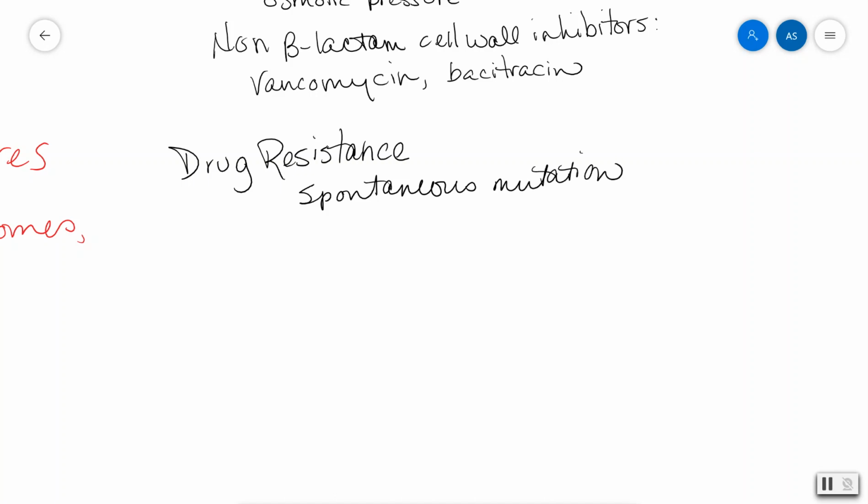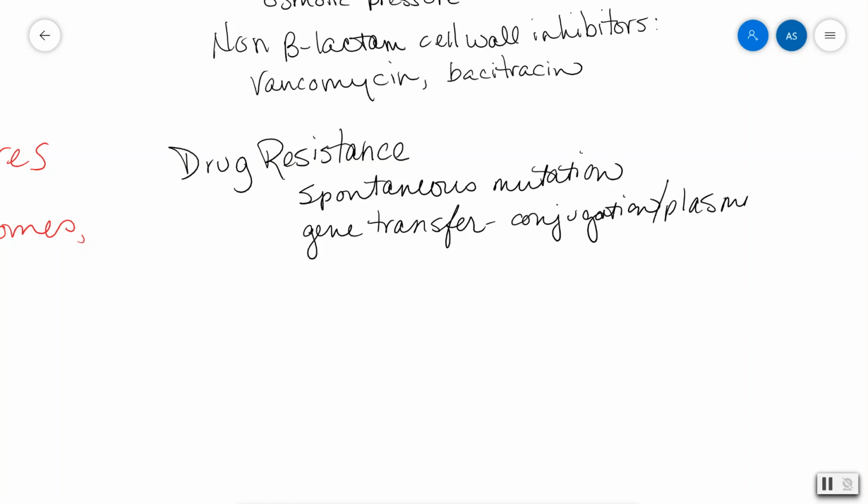So it simply occurs in the population, or it can occur through gene transfer, that is, most often by conjugation and plasmid transfer.